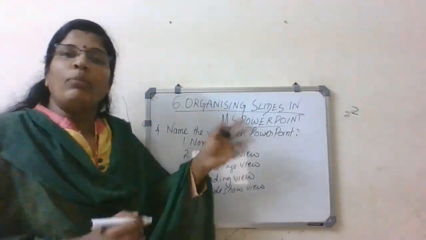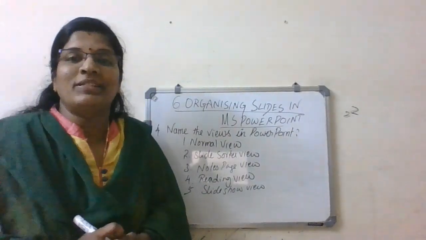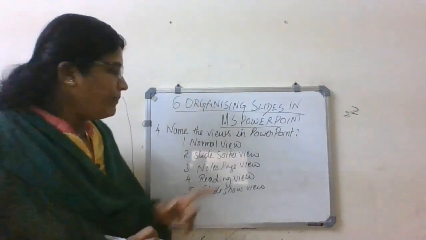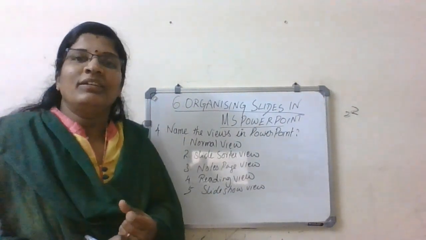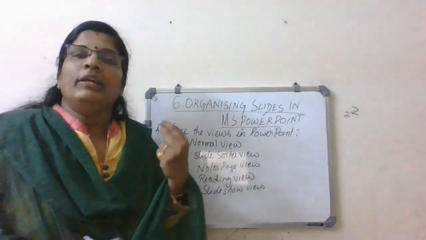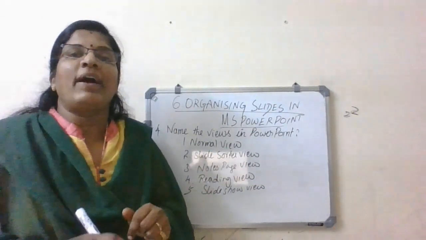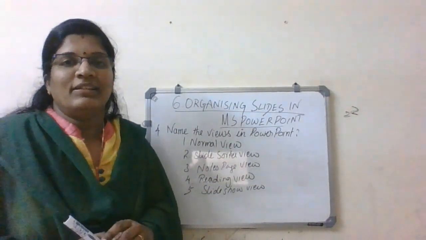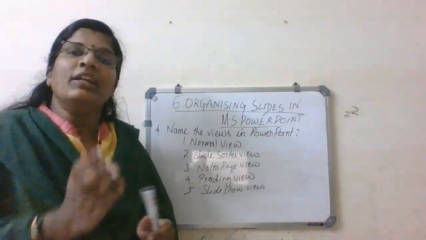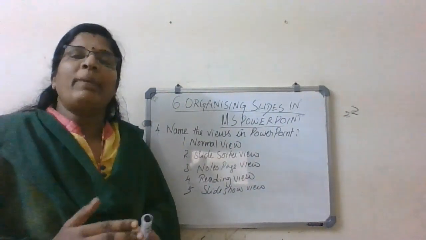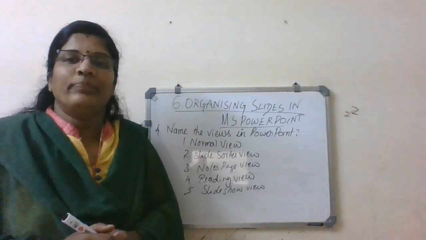So do you remember the facts about these views? Normal view means which? In Normal view, the screen is divided into three sections. What are the sections? The left pane, slide pane, and notes area.